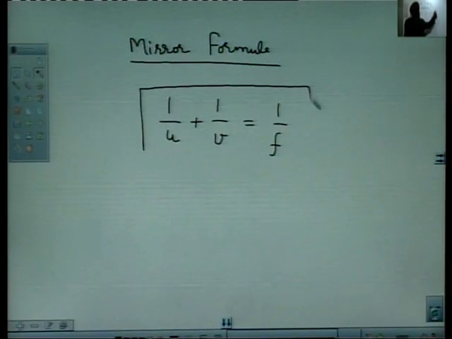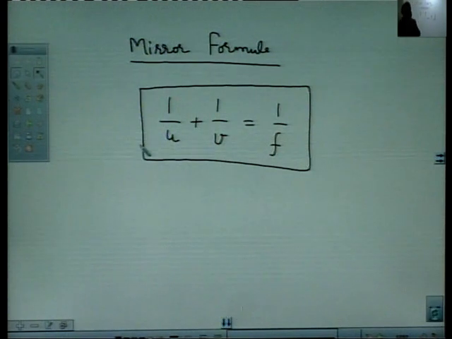This formula can also be derived geometrically for both the mirrors, whether it is convex or concave. The formula is the same, 1 over u plus 1 over v is equal to 1 over f.